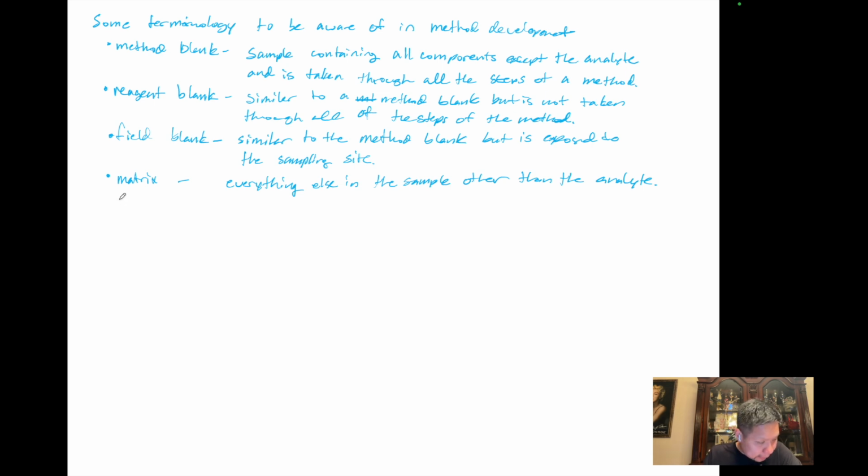And then the last one is spike. What is a spike? This is also known as a fortification.